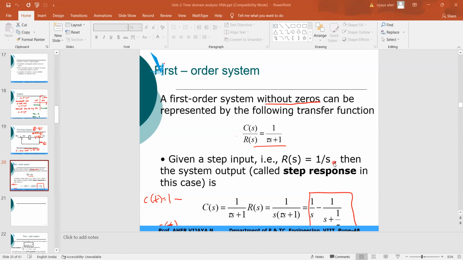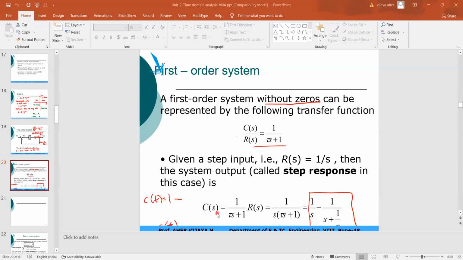Then what is the response of your system? The system output is nothing but the step response. In this case, we call this the step response because the input is a step input. So the system output is C of t, which we are going to find.